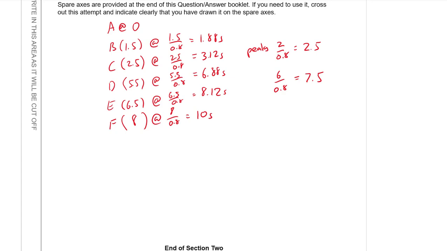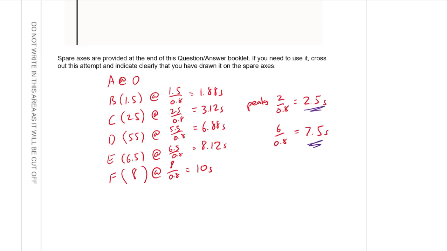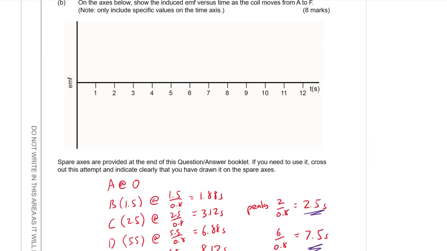So the key things I need to get down are the peaks, the 2.5 and the 7.5. So at 2.5, which is here, and 7.5, which is here, is when I should expect the peaks.